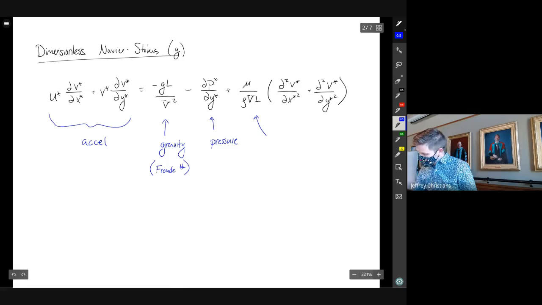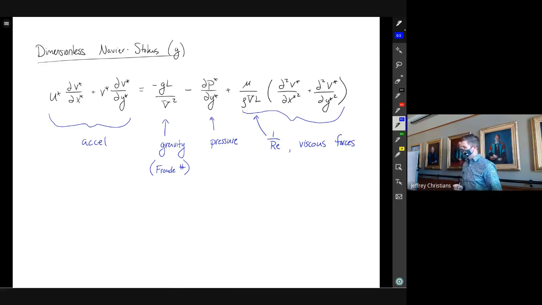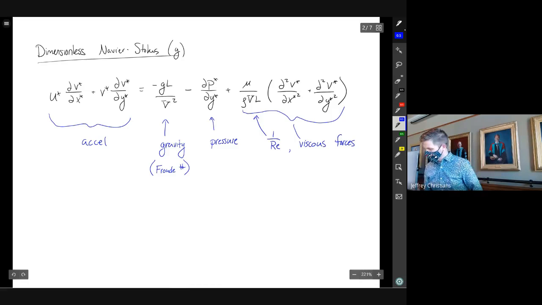And that's 1 over the Reynolds number, which is for viscous forces. Okay, so that whole last term is from viscosity.